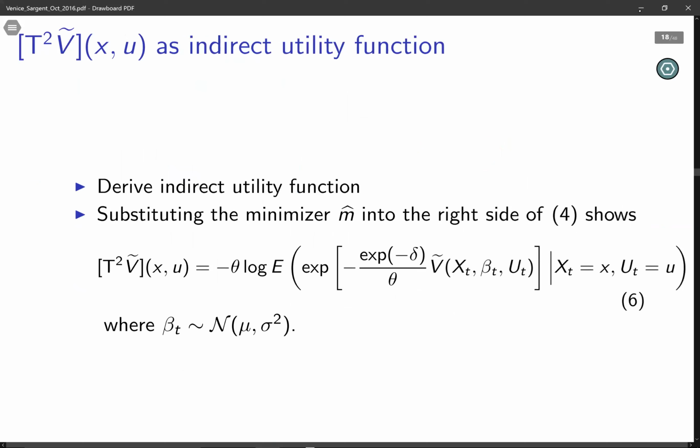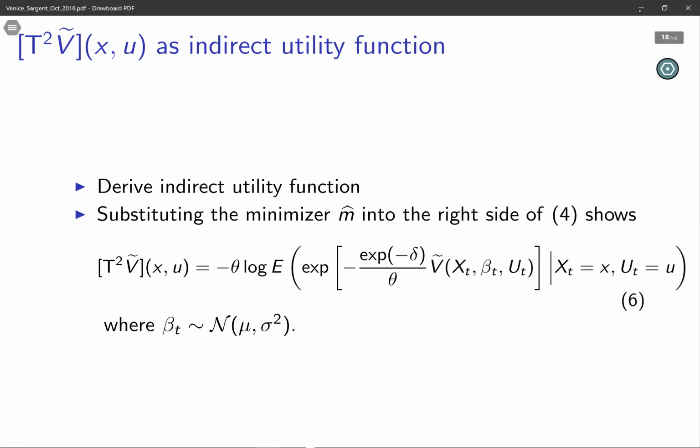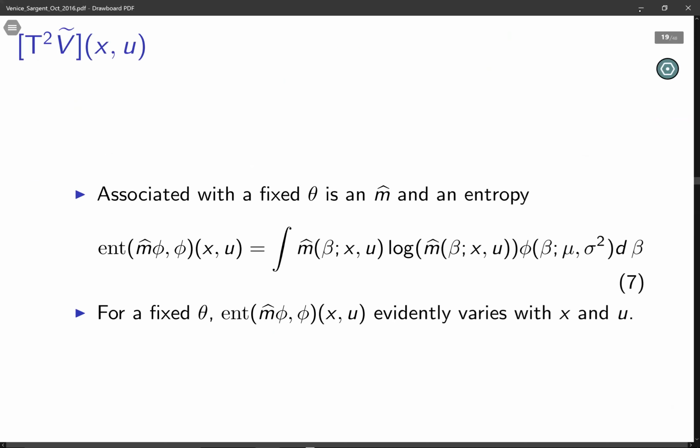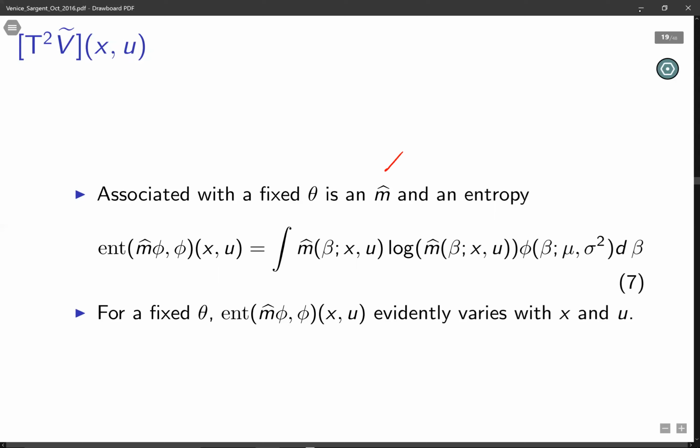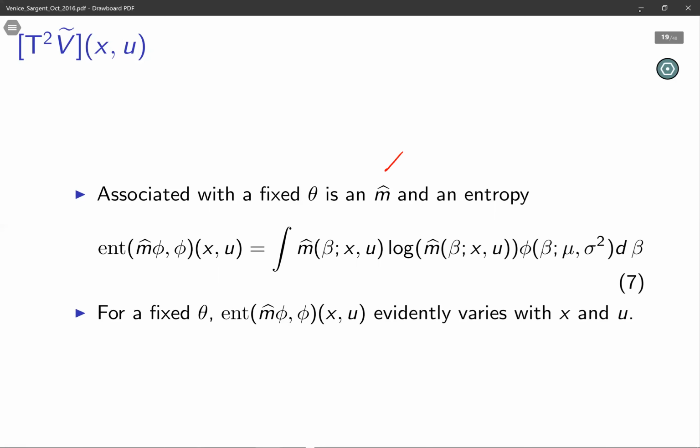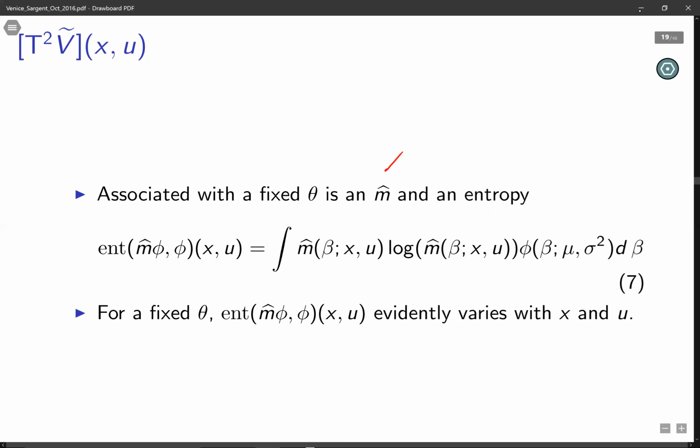Okay, so the T2 operator is, well, I just said how we're going to do it. We're going to form this calculation, which is actually, in many cases, really easy to do. Associated with a fixed theta is a worst case distortion and an entropy. So this is the entropy. And as I said earlier, this entropy varies with x and your decision, and of course theta.